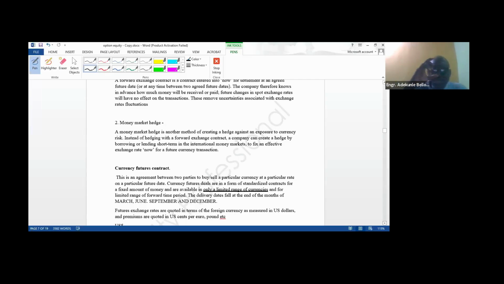To hedge using money markets, we are going to create an equivalent foreign liability. So you can use money market to create hedging around foreign currency risk.